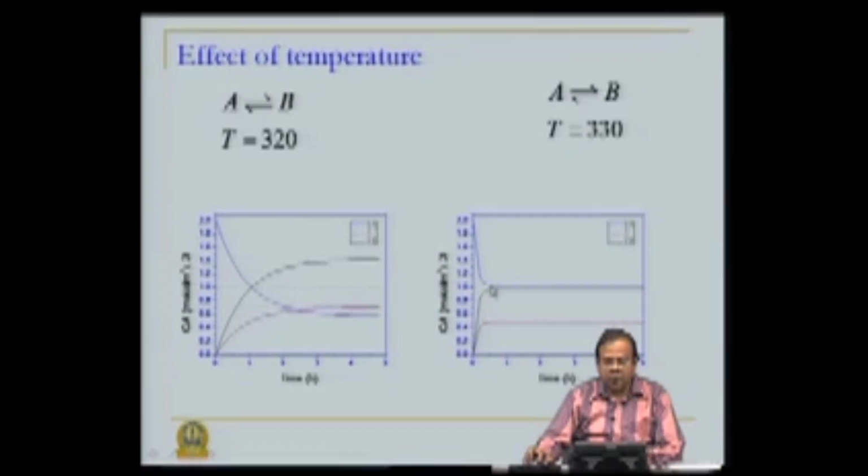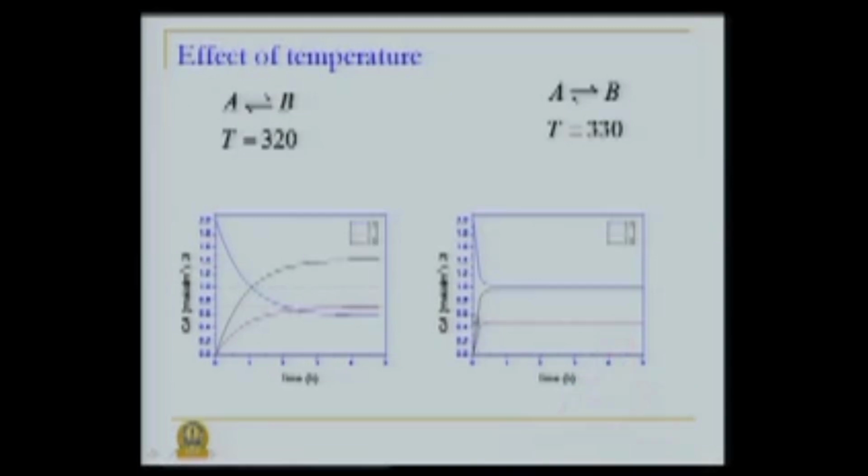But look at what is happening when we do the same reaction at 330 degrees, only 10 degree temperature difference. We notice that once again the saturation in concentration of A is occurring, but the saturation levels are about 1 mole per liter, not 0.6 as was the case here, and similar change is reflected in concentration of B also, which is going from a 0 value to a high value.